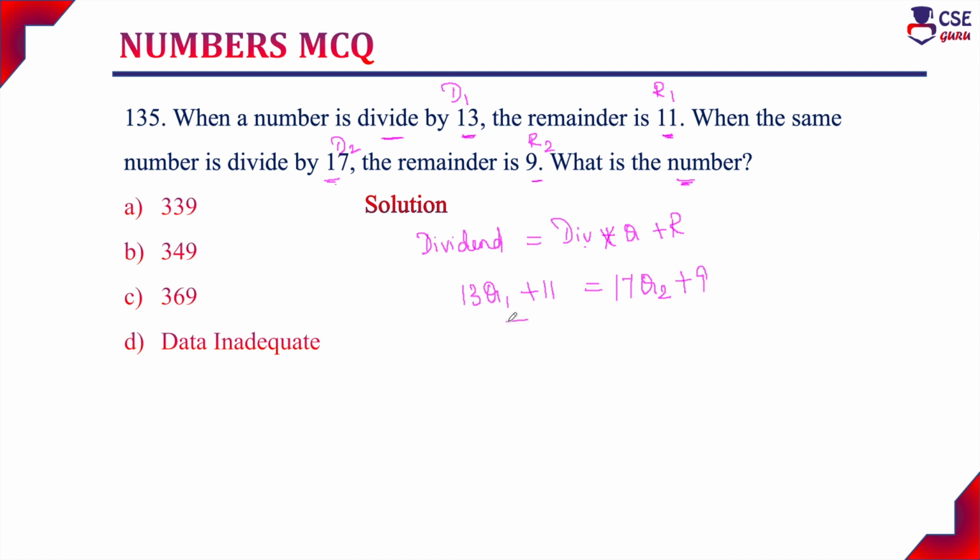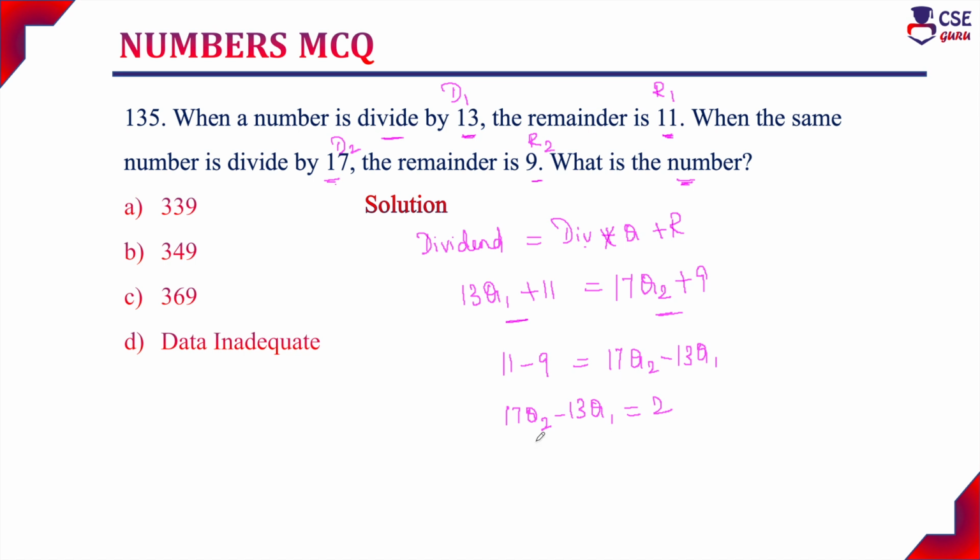Okay, so this is the first case and this is the second case. Now 11 minus 9 is equal to 17q2 minus 13q1. So 17q2 minus 13q1 is equal to 2. If you solve this one, the answer we need to get is 2.